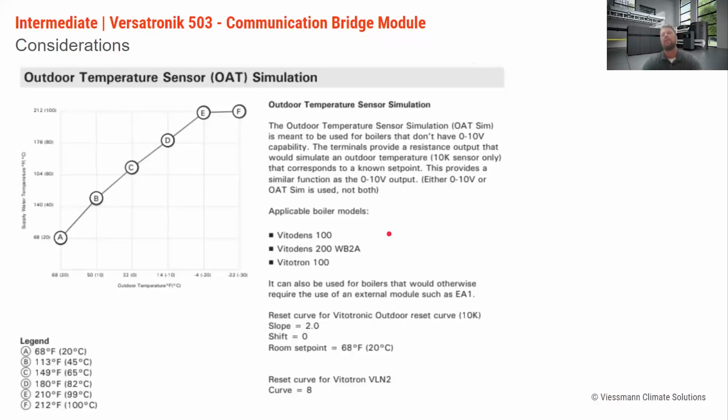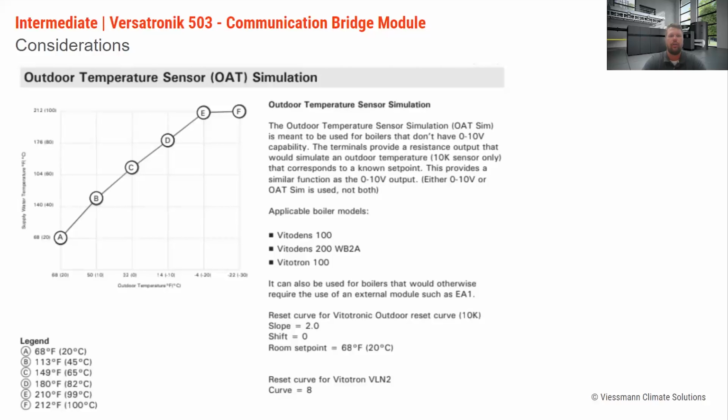Since I can't feed this with a 0 to 10 volt, we're going to change the reset curve so that we have our points that we can hit along the way. So it's not going to be a full curve that reads every temperature, but it's going to have stages that it can go through to simulate outdoor temperatures as if we were giving it, say, a 0 to 10 volts.